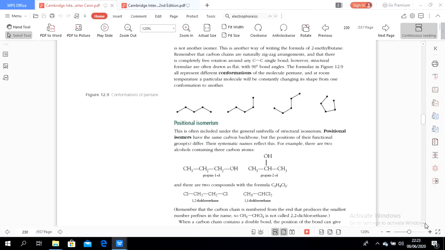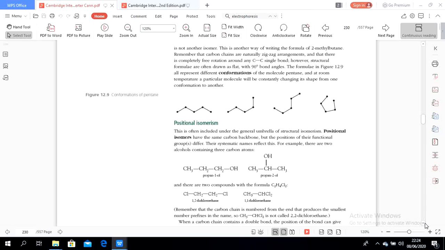Now, position isomerism. This is often included under the general umbrella of structural isomerism. Positional isomers have the same carbon backbone but the position of their functional groups differs. Remember, positional isomerism contains a functional group, while in chain isomerism the functional group remains the same, or there is no functional group, like alkanes.